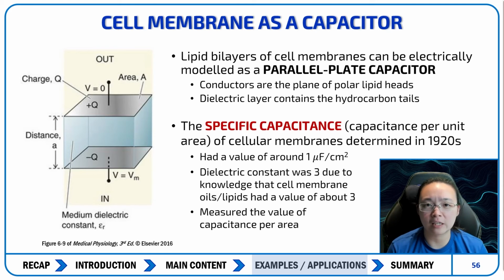So our guess was about 50% of the correct value. It's still a good attempt, and it's still plausible because shorter lipids could have smaller membrane distances. So based on the specific capacitance determined in the 1920s, it's not 100% accurate, but it's enough to give us a good estimate.